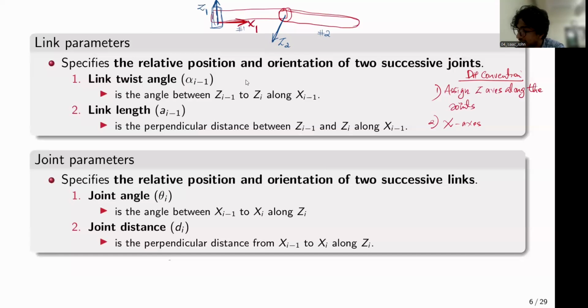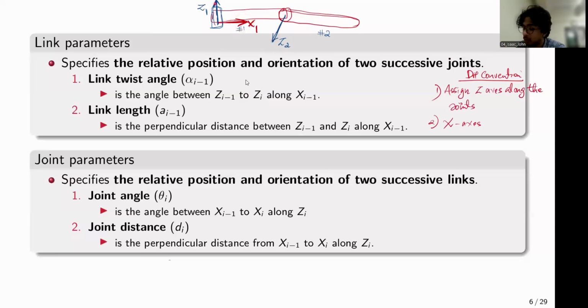And to assign the x2 axis, you have to look at the orientation of z2, and if there is a z3 as well, you have to check z3, and the direction of x2 would be perpendicular to z2 and z3. But for the time being, we'll consider x1, right? Because x1 is orthogonal to z1 and z2. So basically, the link twist angle is the relative orientation or the angle between z1 and z2 along x1, right?